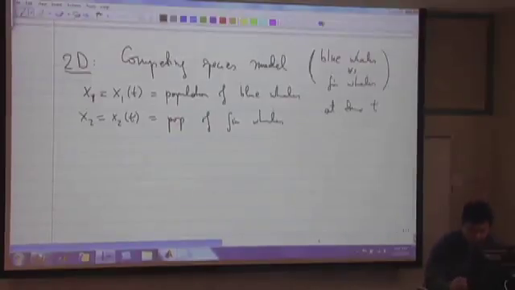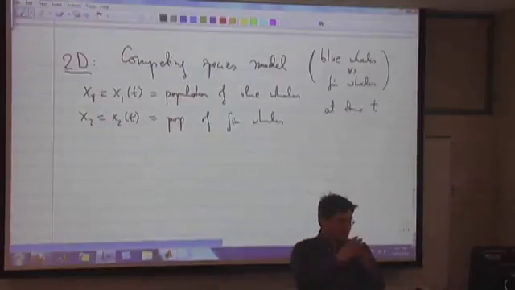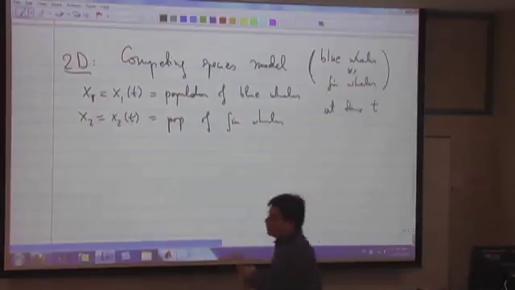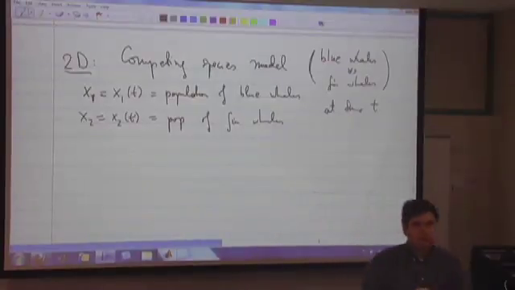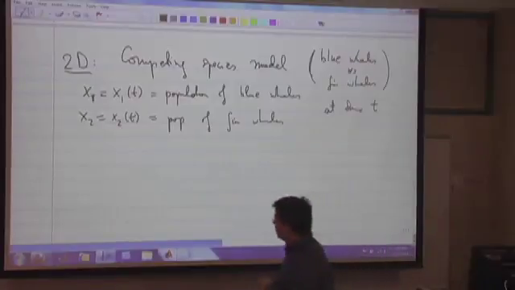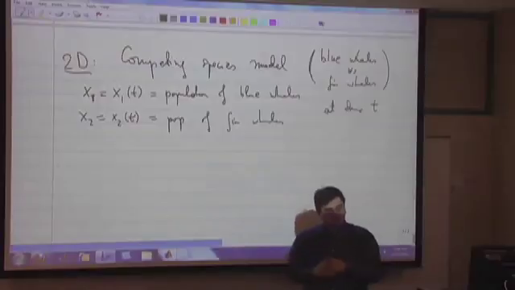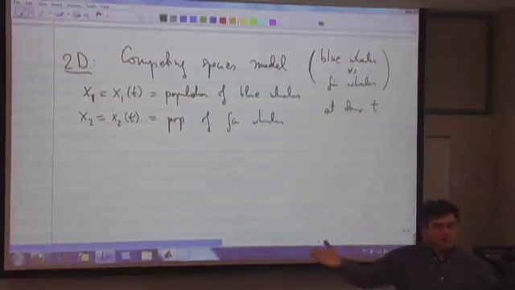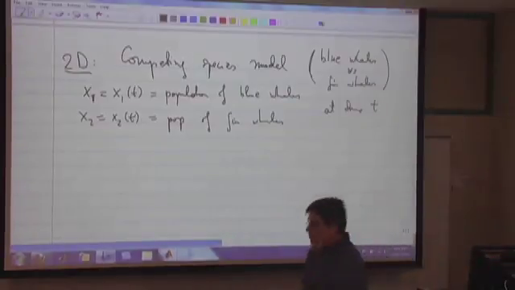Now, obviously, these numbers are integers, so there's not like half of a whale. As time evolves, more whales are born, and some die, so this is not going to be a continuous variable. But the assumption here is that we're going to be talking about a large period, like hundreds or thousands of years, and a large population.